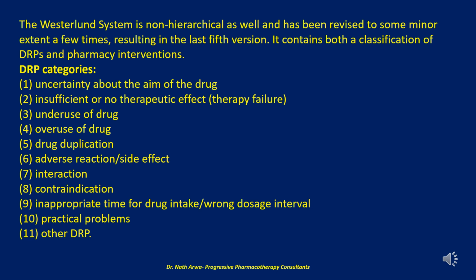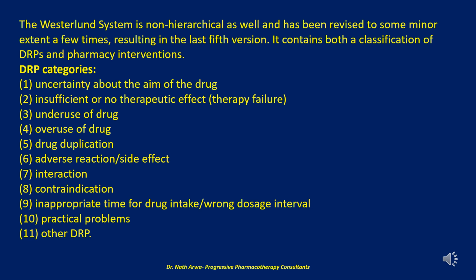The Westerlund system is non-hierarchical as well and has been revised to some minor extent a few times, resulting in the latest 5th version. It contains both a classification of drug-related problems and pharmacy interventions. Drug-related problem categories include the following. 1. Uncertainty about the aim of the drug. 2. Insufficient or no therapeutic effect, therapy failure. 3.